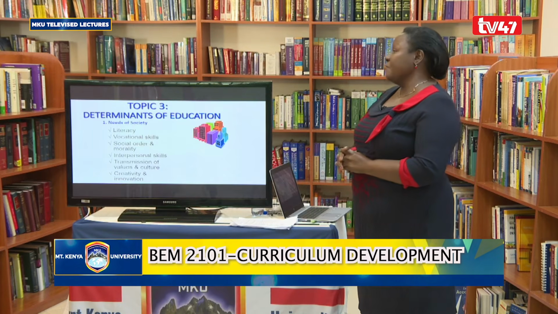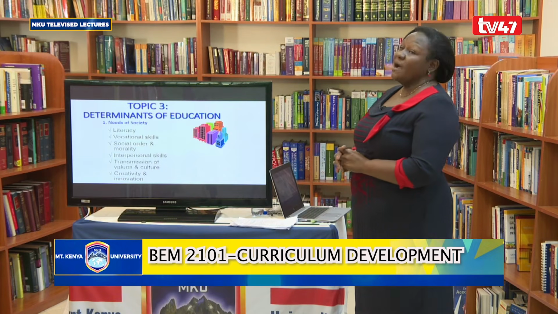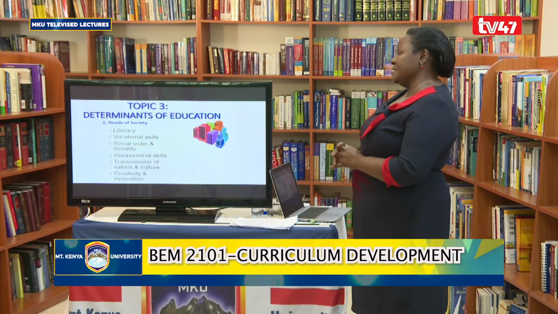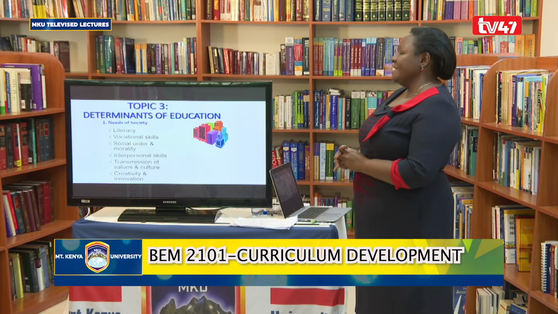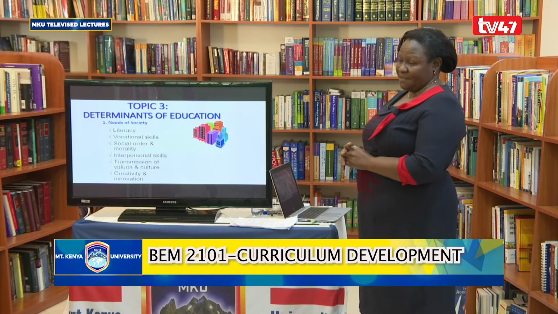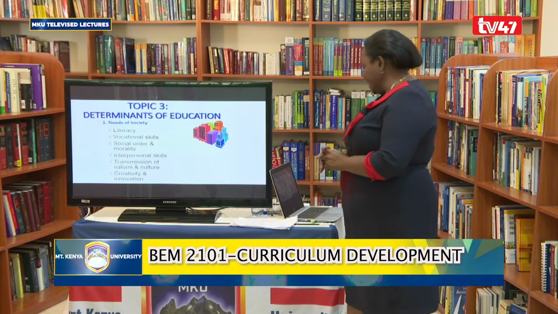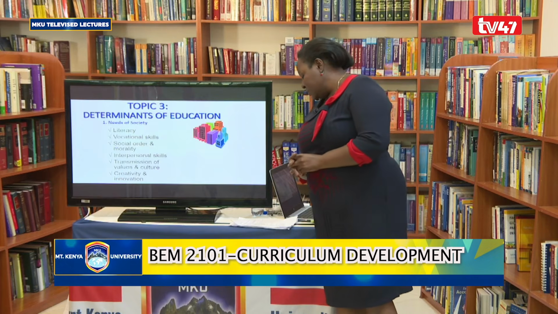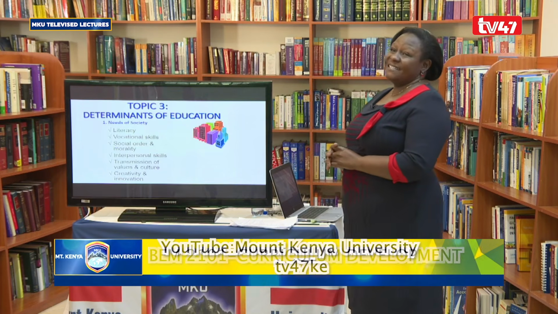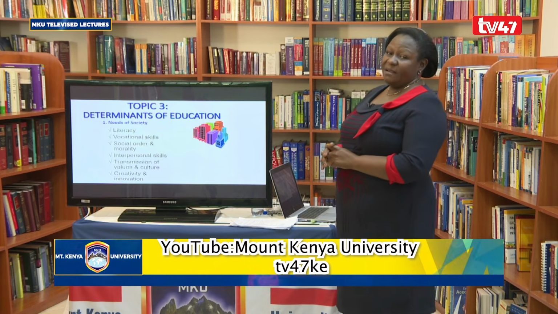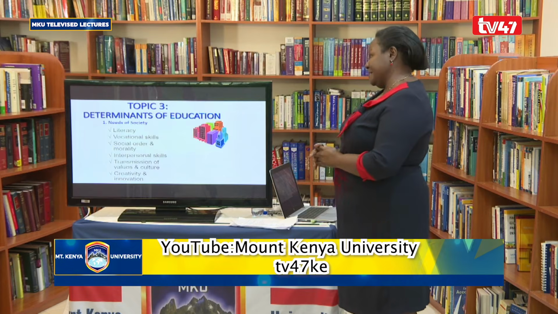So first and foremost, before we develop a curriculum, it is important to consider the needs of the society. As we had mentioned, the aims, the goals, and the objectives are determined by the national priorities.